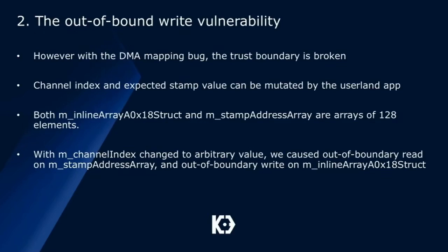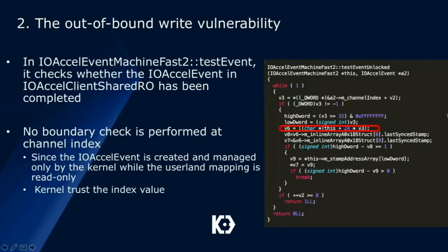However, together with the DMA mapping bug, it is possible that we can modify the channel index here. Because this object is created by the kernel and it's not possible to be mutated by the userland applications, the kernel fully trusts it, and it doesn't perform enough boundary checks.